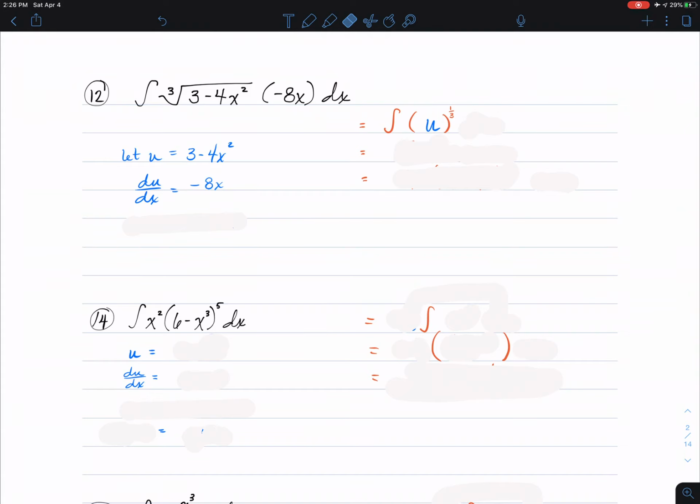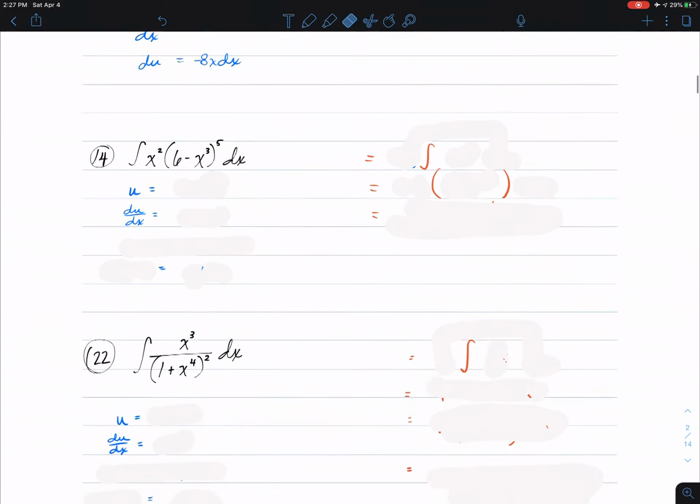The derivative is going to be negative 8x. I want u's on one side and x's on the other side, so that's why I'm multiplying on both sides by dx. Now you can see that this is the piece that I haven't replaced yet, and all of that can be replaced with a du. Then we'll integrate. Don't forget your plus c. And then you want to resubstitute back in with your x's, and again, don't forget your plus constant.